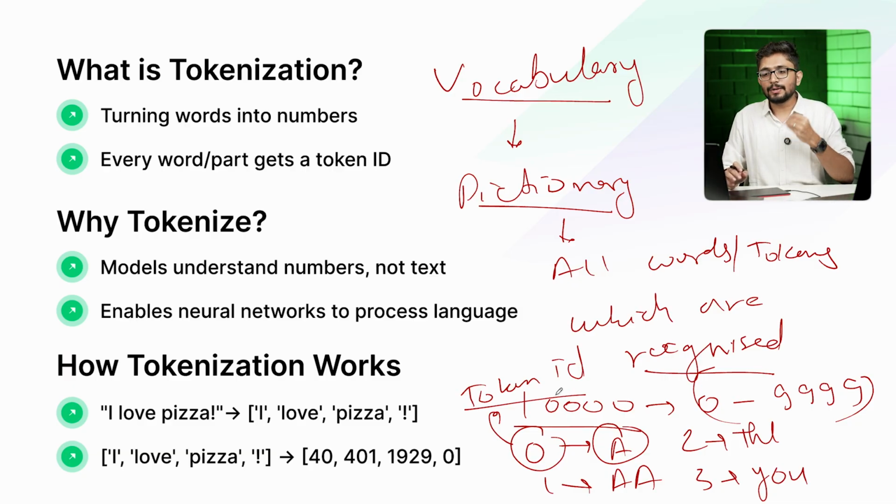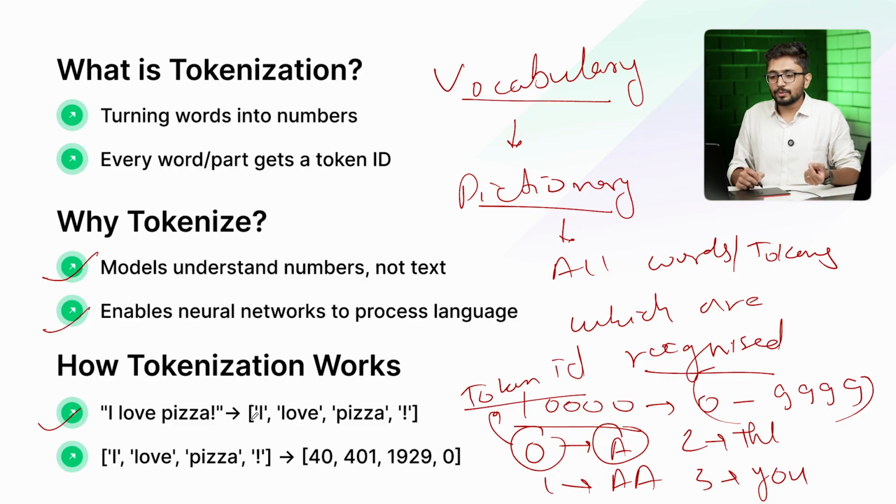And why do we need to tokenize? I have already mentioned this, because any large language model is incomplete without numbers. You need numbers, not text, to train or infer from a language model. This is what gives language models the ability to process language. So take an example sentence: I love pizza. You cannot directly feed this sentence to a model.